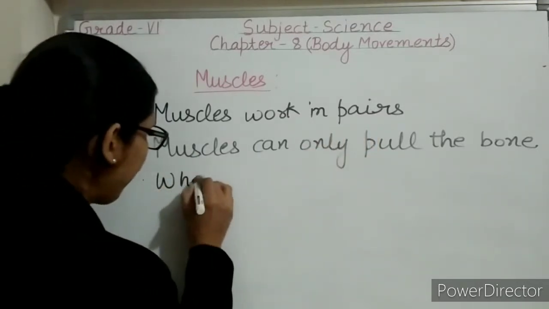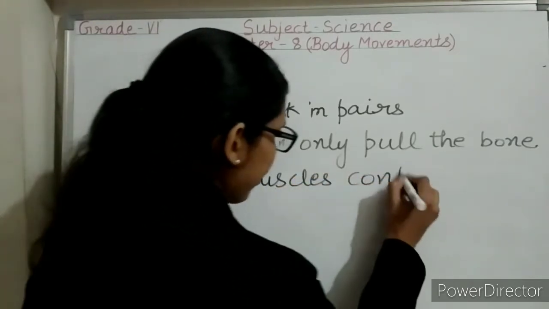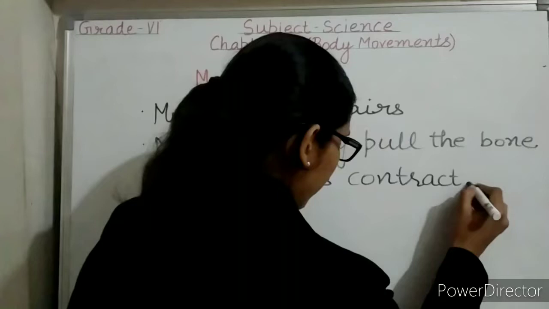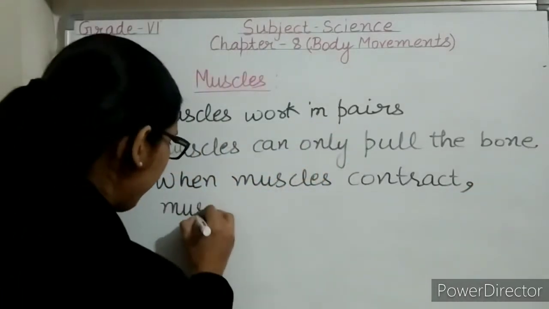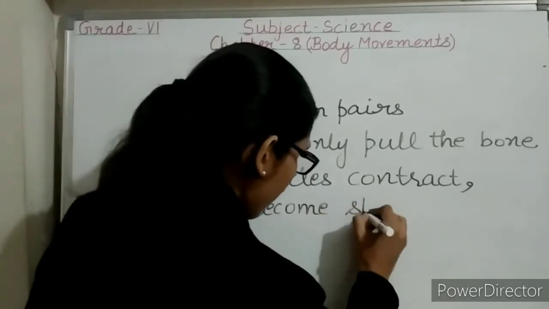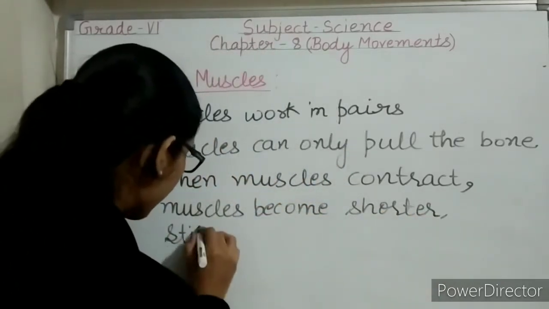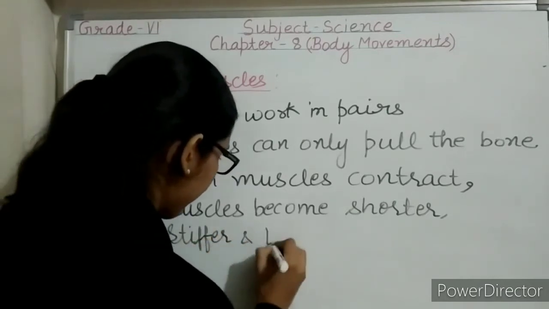When muscles contract, muscles become shorter, stiffer and thicker.